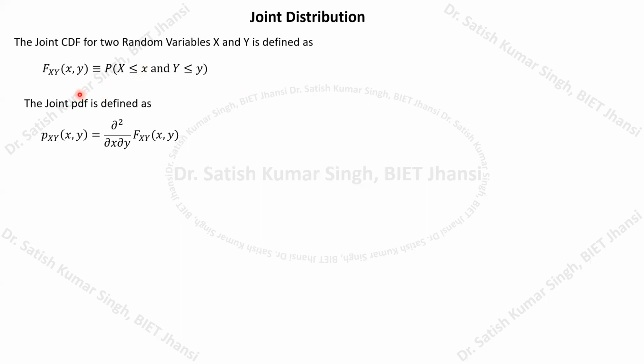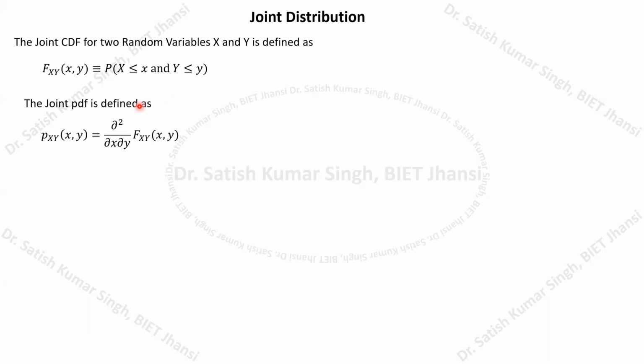So here, these two random variables x and y should have this particular probability. This is the meaning of your joint CDF, right? Similarly, if we want to define the joint probability density function, as I have already explained in my previous lectures, it is defined as the derivative of your cumulative distribution function.